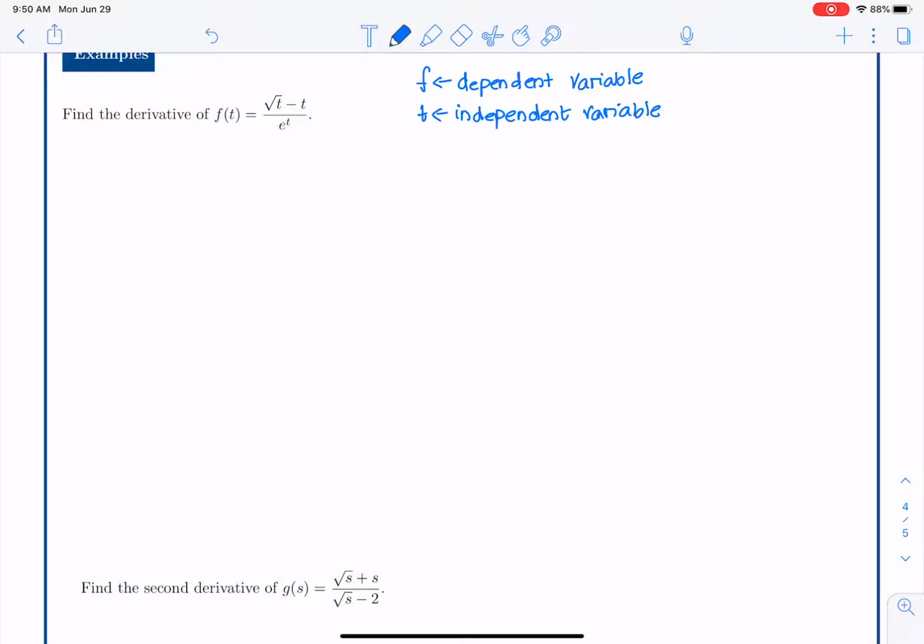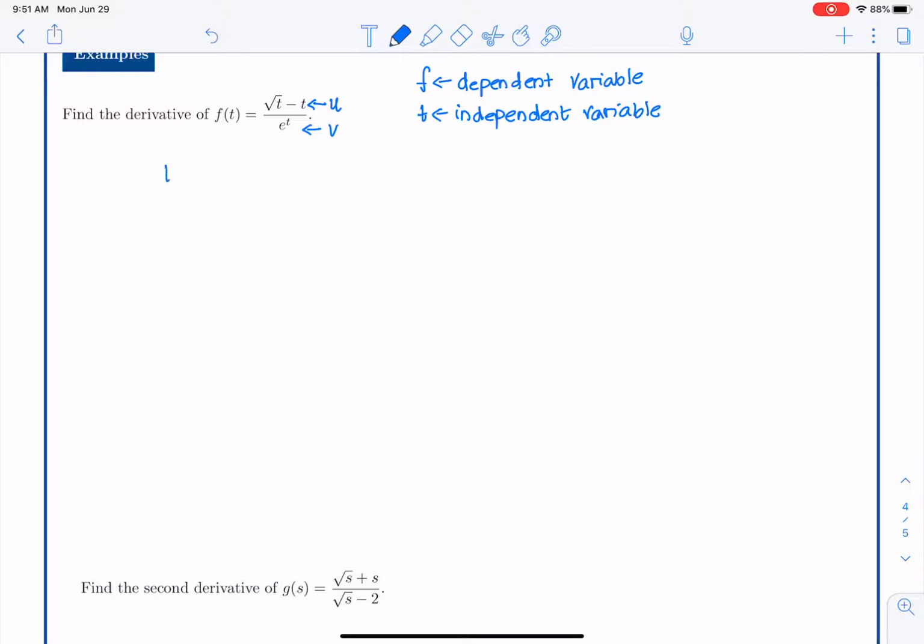And as I said, with the product rule, it doesn't matter which function you call u and which you call v. It's not a big deal. But if you choose to switch v and u in the quotient rule, you've got to be careful with the formula. I like to simply call the numerator u and the denominator v, so the formula is consistent.